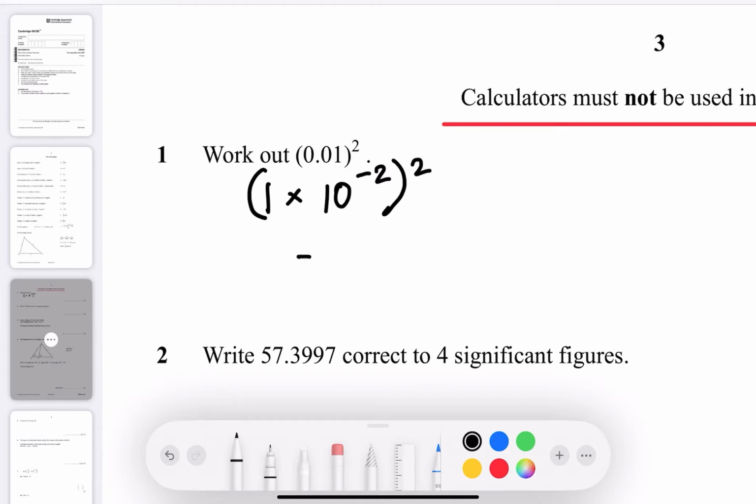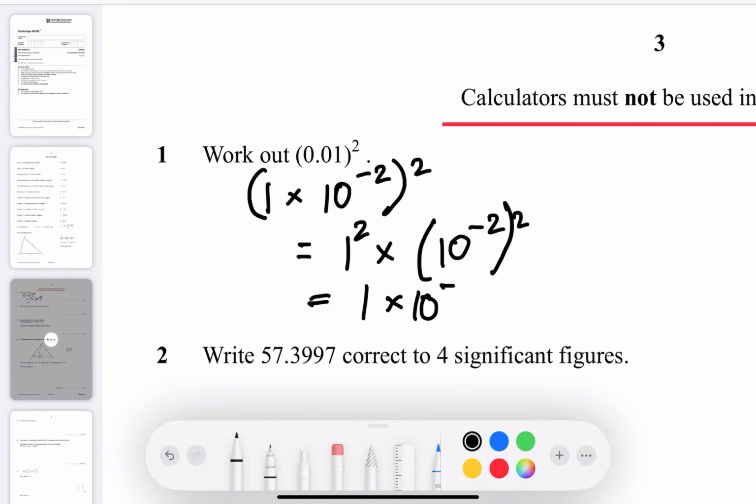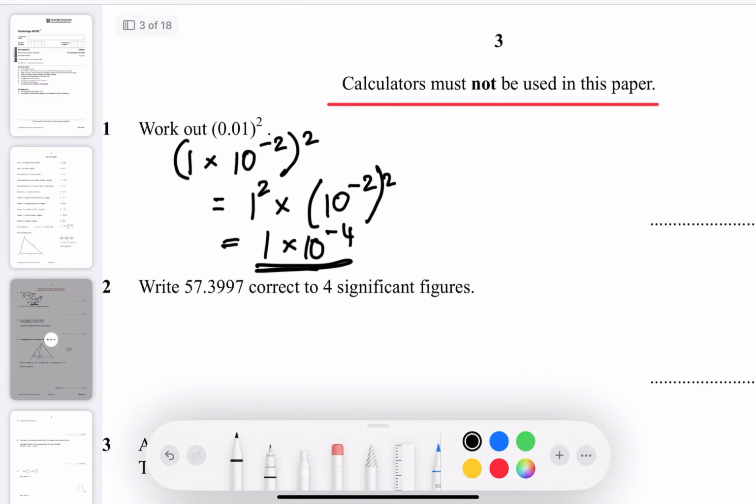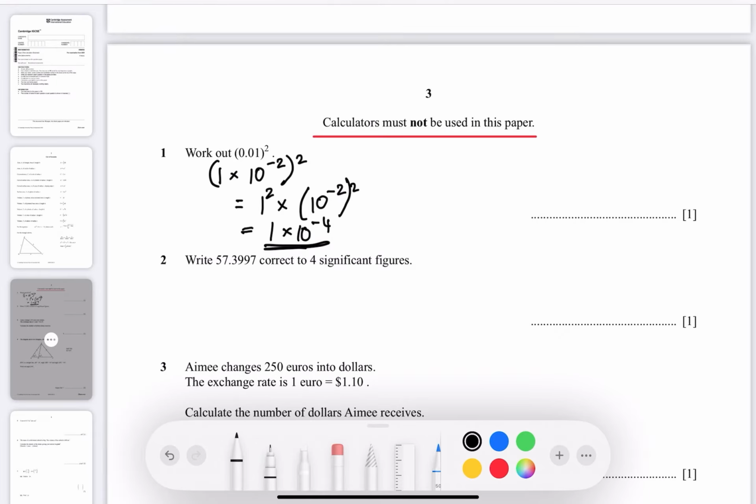And then this is equal to 1 squared multiplied by 10 to the power of -2 squared. You square each of the terms individually. So this is equal to 1 times 10 to the power of -4. And that's our answer. Or if you wanted to give it in decimal form, the equivalent of this would be 0.0001. So that's our answer for the first one.